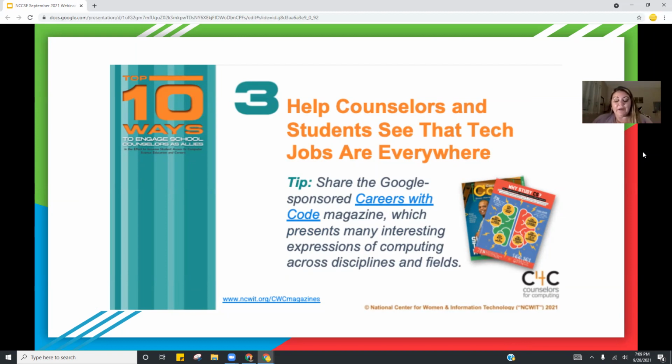Right now we're talking a lot about cybersecurity in our world, and that's everything from your mom and pop shop that has a digital point of sale system, to your Fortune 500 companies, or our good old iPhones, which we know about all the security issues with these, right? So we want to help the counselors see that they're everywhere, and you can do this again with the magazine, but also maybe shoot them an email with some recent postings, or a screenshot of Indeed and the current tech jobs that are out in your area, because that's what makes it real. Let's jump to the next.